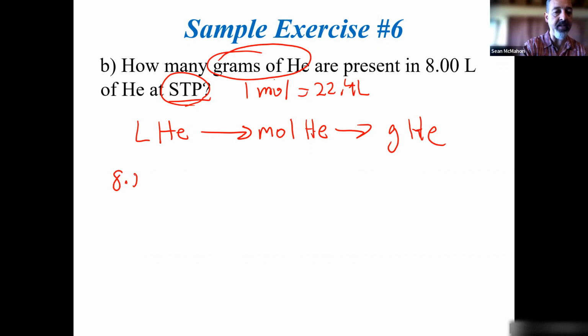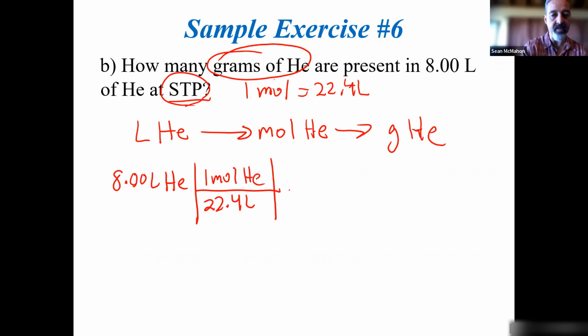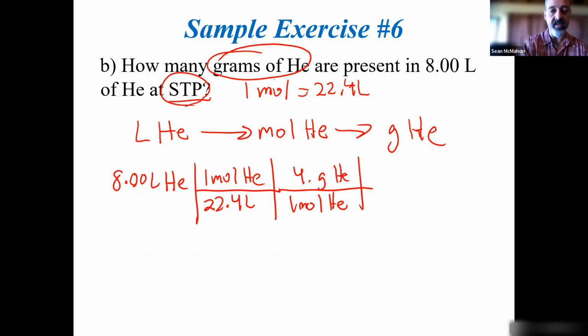So I go 8 liters of helium. There's 22.4 liters of any gas per 1 mole of helium at STP. And 1 mole of helium weighs 4 grams. I'm not looking at the periodic table, but I'm pretty sure that's what it is.